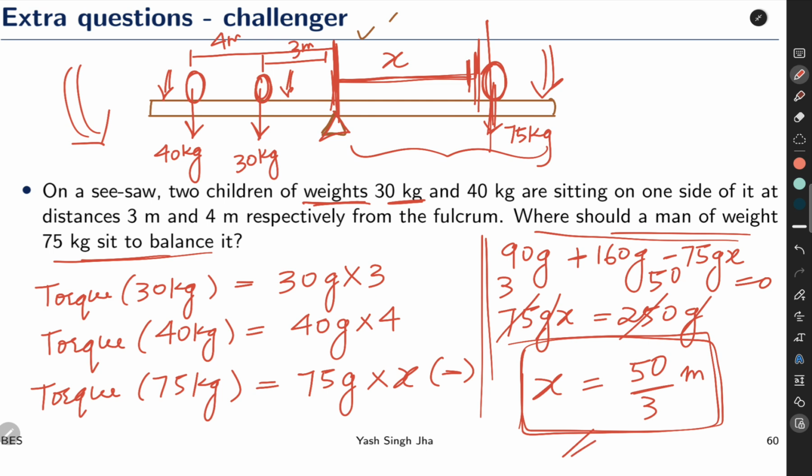So the 75 kg man should sit at a point 50 over 3 meters to the right of the fulcrum, on the opposite side of the two kids. If it is not clear, please rewatch this question.